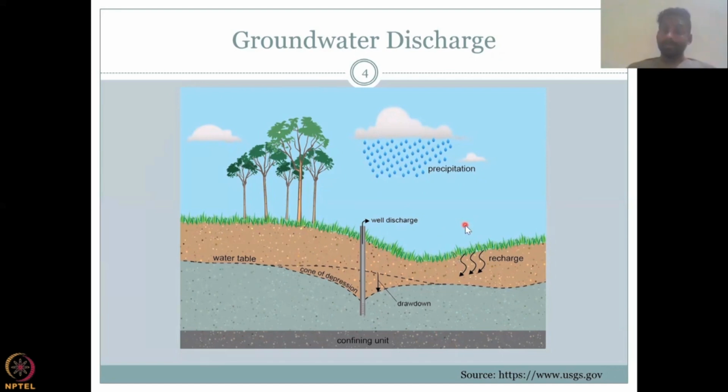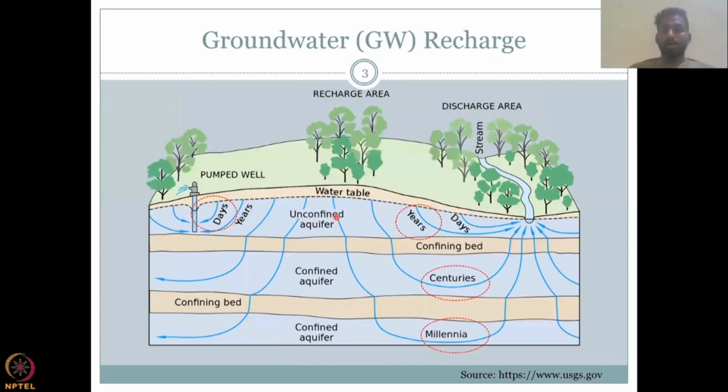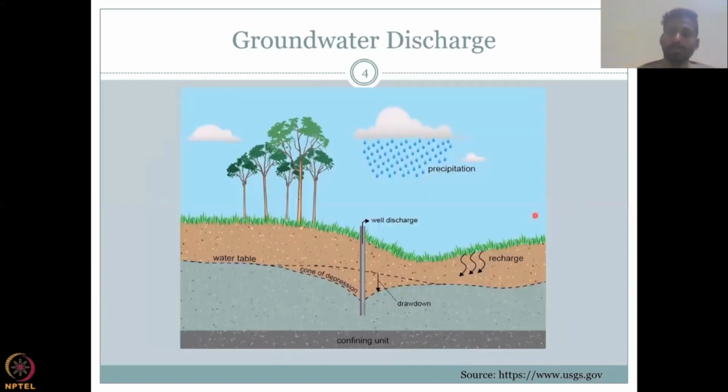Whenever we say discharge, it is the act of pumping or losing water from the aquifer. There is a natural discharge process, which we saw in the earlier slide: the groundwater entering into the streams. That is called natural discharge, whereas this is pumping groundwater, called groundwater discharge.